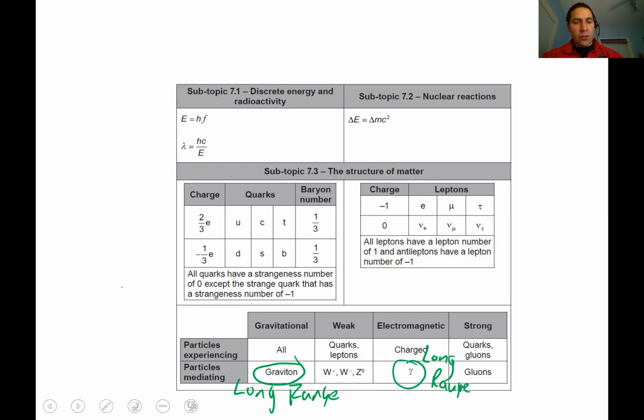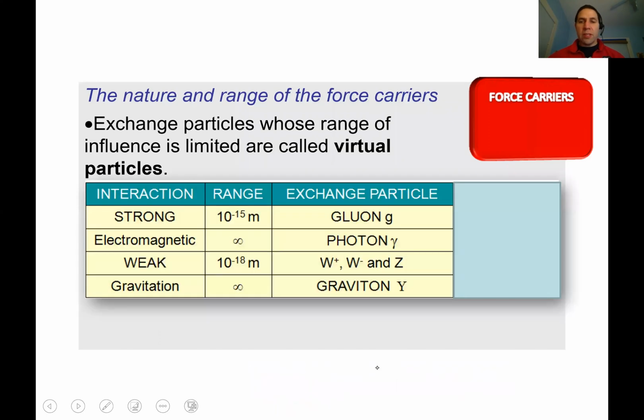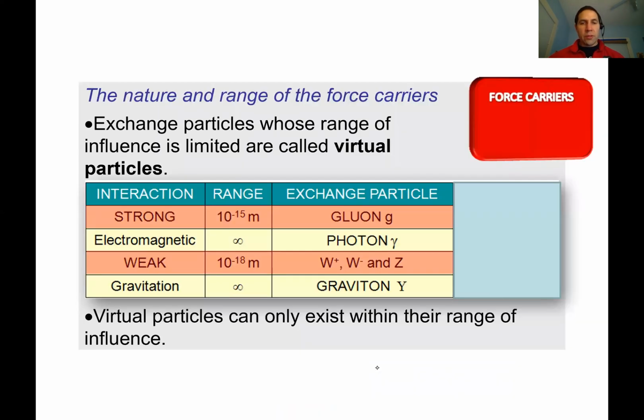And then these short range or virtual particles are these guys right here, the gluons and the ones that are associated with the weak force. Boom, boom. Okay, this slide just basically says what I just told you. The virtual particles are the ones that are in orange there: the strong interaction force, which is the gluon, and the three particles associated with the weak force.